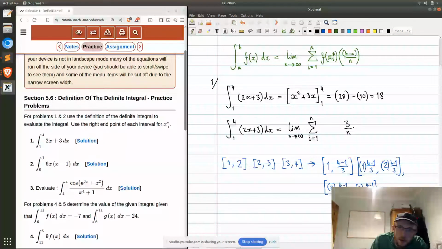So when you have the right endpoint, you end up multiplying it by i, don't you? And what do you actually multiply by? We do two times what?